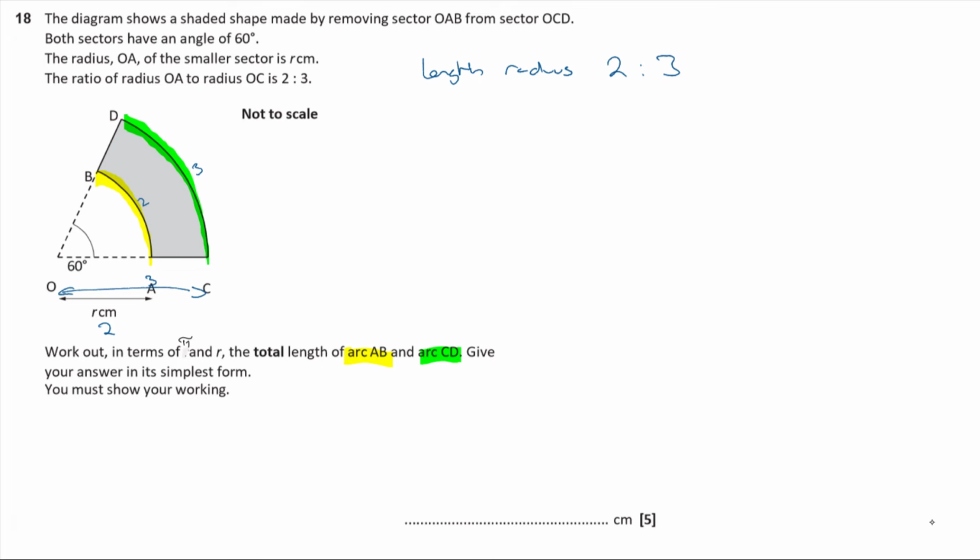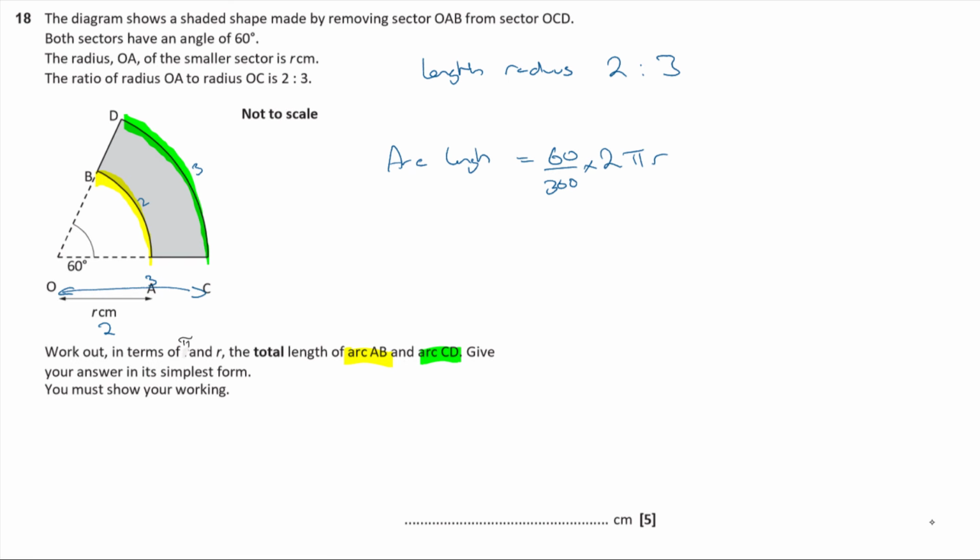Okay, now what do we need to find? So normally the length of an arc is going to be 2 pi r, the circumference of the whole circle, and then whatever fraction of it we've got. So here we've got 60 over 360, haven't we? Because we've got a 60-degree angle in the center. Okay, so it's going to be 60 over 360 of 2 pi r.